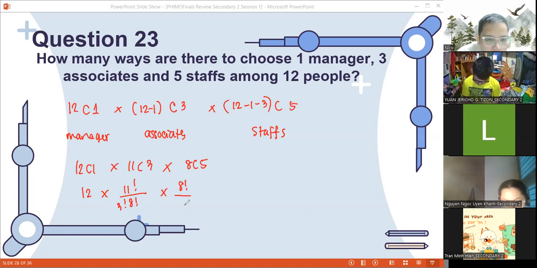Then 8 factorial, cancel, 11, 5, 11 factorial, 3 times 5, 12, cancel, 9 factorial. 12 times 165 times 56.